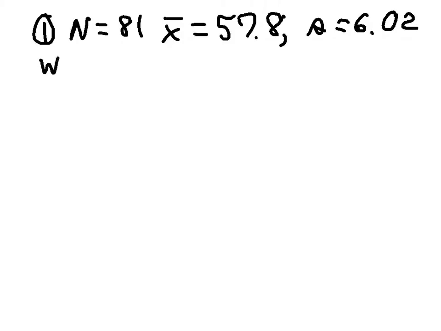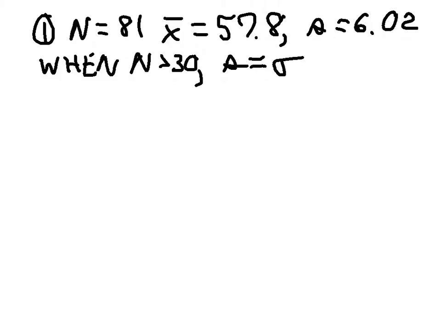When n is greater than 30, s is, for our purposes, equal to sigma. So if you want sigma in them instead of s, you can go ahead and use them.